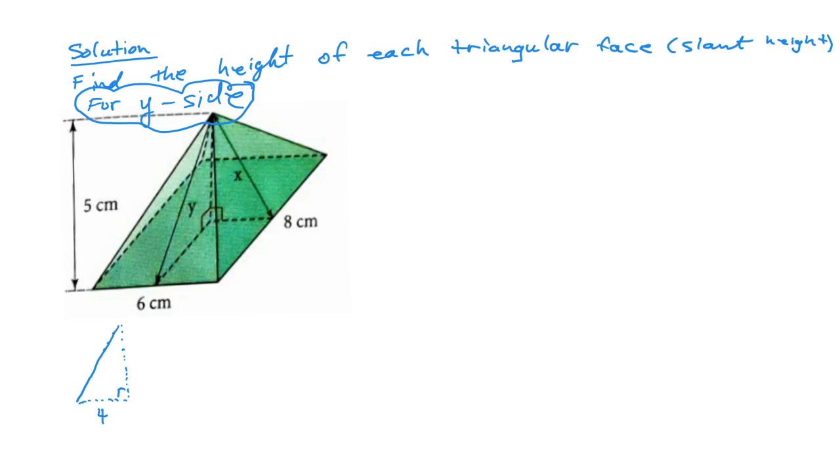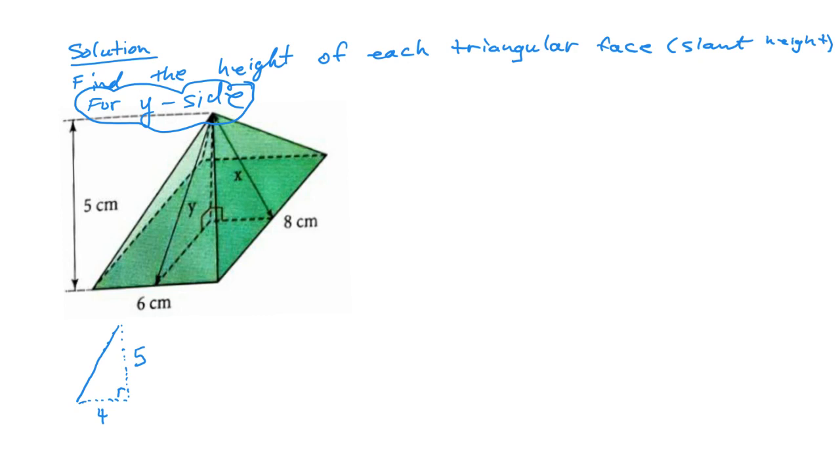Now, the height of our triangle comes from here, the height of our pyramid, which is actually 5. So to find this portion of our triangle, we have to use Pythagoras' theorem.